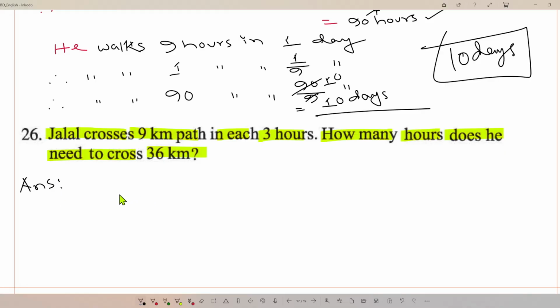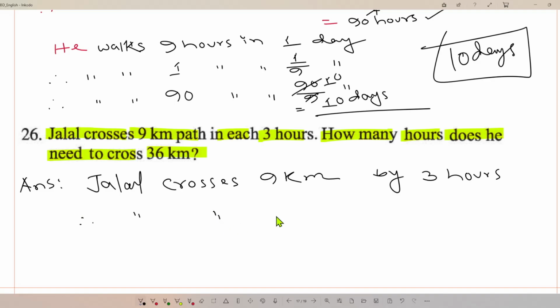So first, Jalal crosses 9 km in 3 hours.